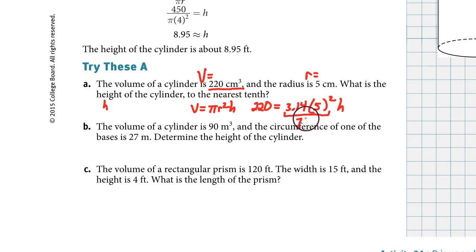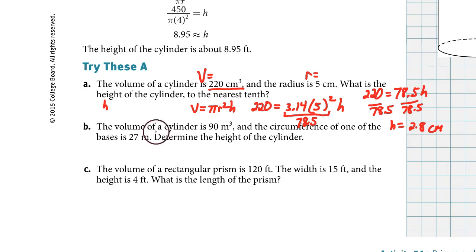That makes 78.5. So this equation is 220 equals 78.5 times H. Divide both sides by 78.5 to get the letter H alone. The answer is H equals 2.8 centimeters.